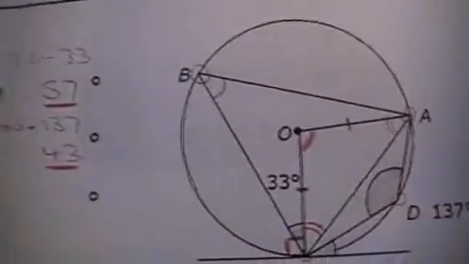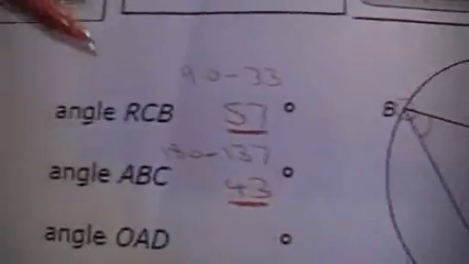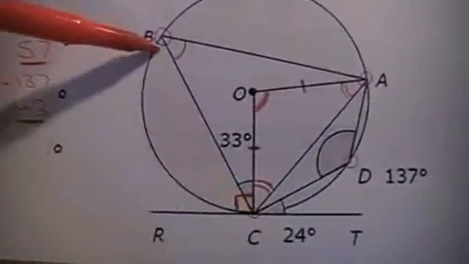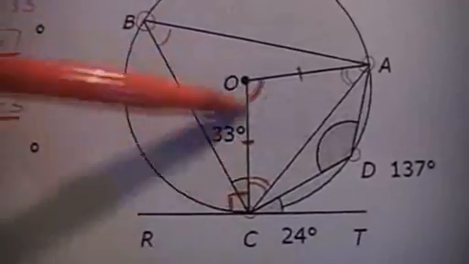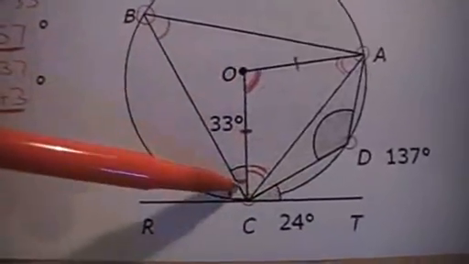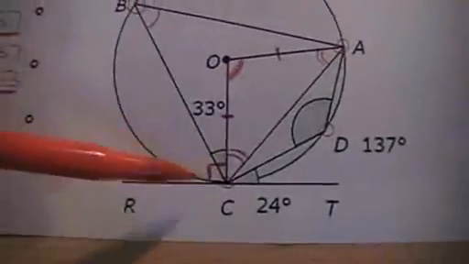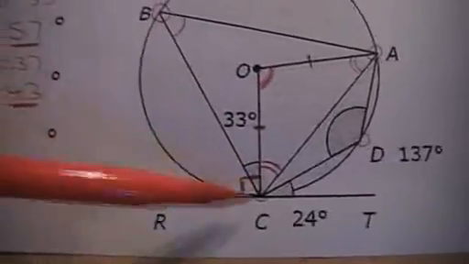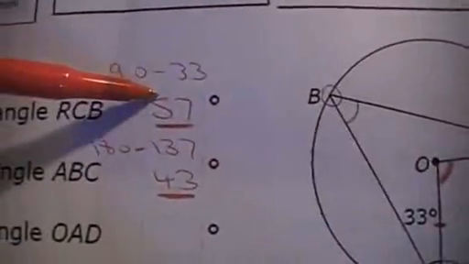Right, now on to the hardest question. So RCB, going from R to C to B, you know that a radius touching a tangent is at 90 degrees. It's this rule here. And so this is 90. So you take 33 from 90 and you'll get this angle in here, RCB, which is 57.